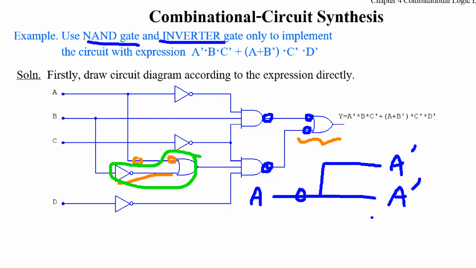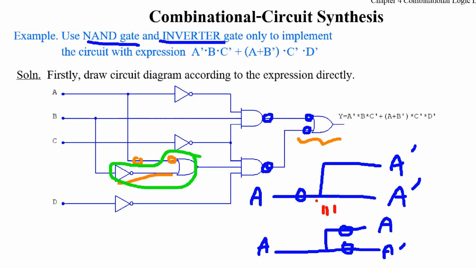So what happens if I move this inverter to, for example, this one? Of course, this end is still A prime, right? But this end is a different result. If I want to keep the result for both ends, that means I must add a circle right here, I must add an inverter here. So that means these two are the same, or equivalent.